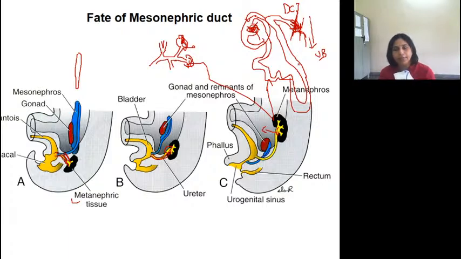It is totally different. It is developed from two sources. One is the metanephric blastema, the other is the ureteric bud. The collecting part is developed from the ureteric bud, which is further derived from the mesonephric duct, and the secretory or excretory part is derived from the metanephric blastema.